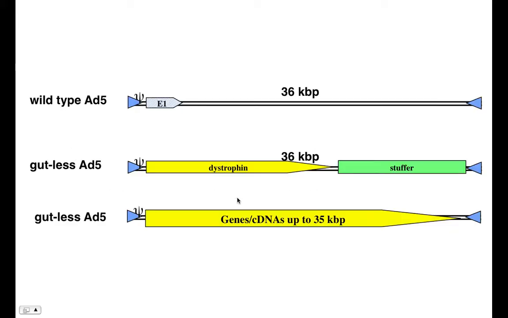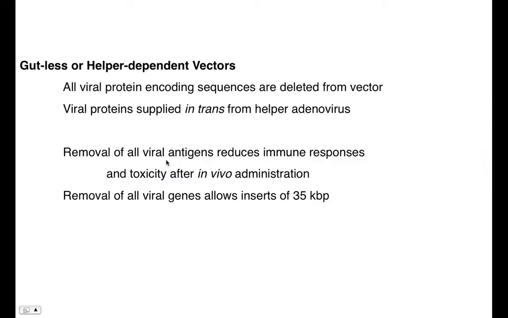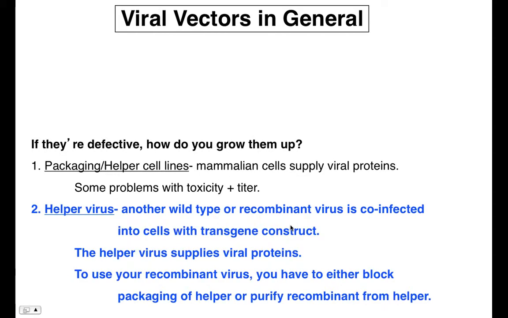Hence, you can have a virus like this one that is gutless and doesn't have the viral proteins, just the packaging signal and the replication signals from the ITRs, which are necessary to propagate themselves. So you can remove viral antigens to reduce the immune response, and then, as I said, the removal leads to up to 35 kb of space.